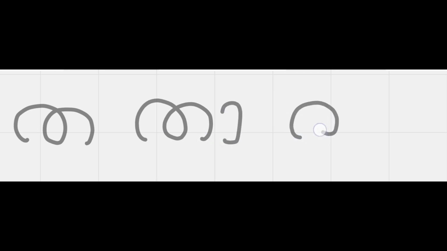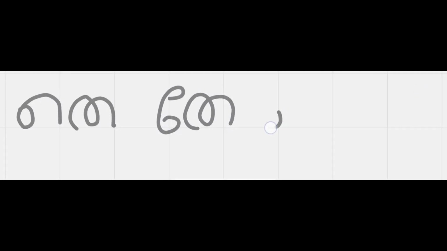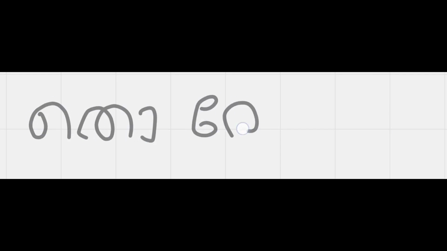The first letter is Ta. Ta with the symbols. Ta, Ti, Tu, Tr, Te, Tai, To, Tau, Tam, Ta.